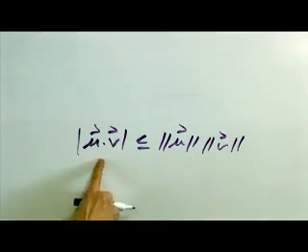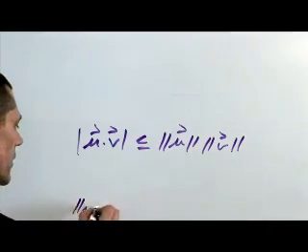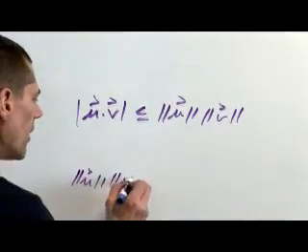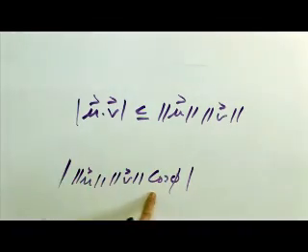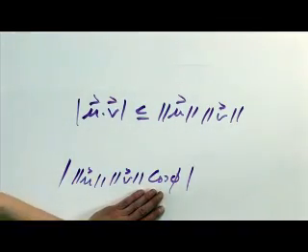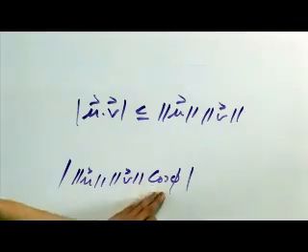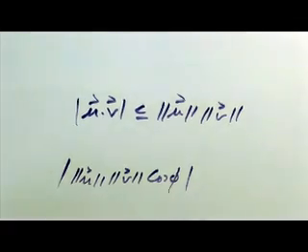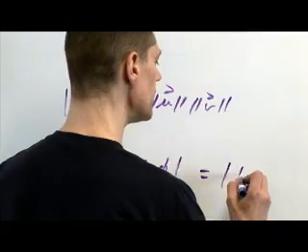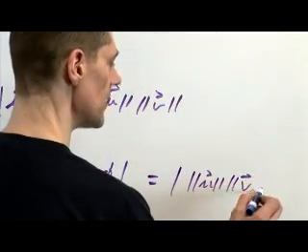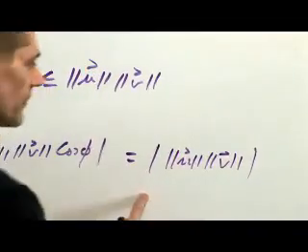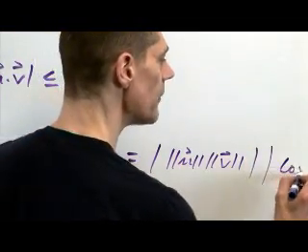Well, what is this? This is the norm of u times the norm of v times the absolute value of cosine theta, right? Cosine theta, the biggest it can be is 1, and the smallest is -1, but this absolute value is stripping this off. This is the same as the absolute value of the norm of u times the norm of v, times the absolute value of cosine theta.